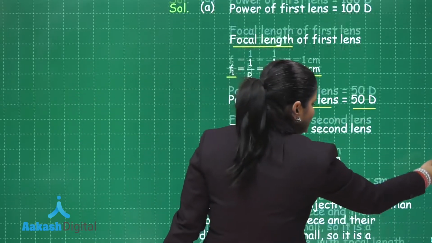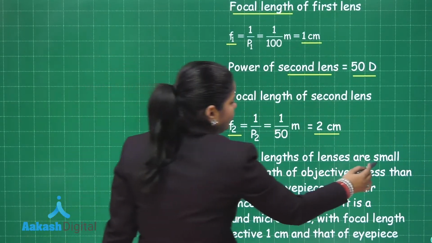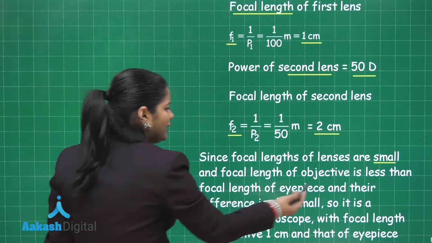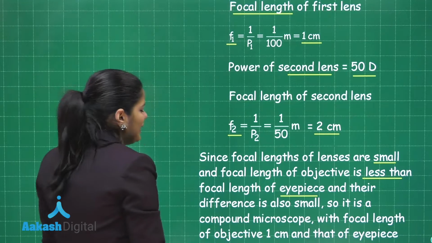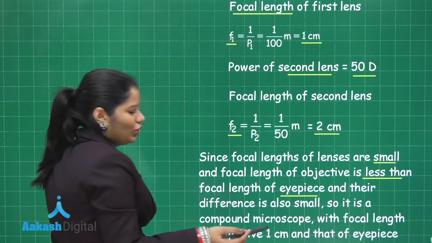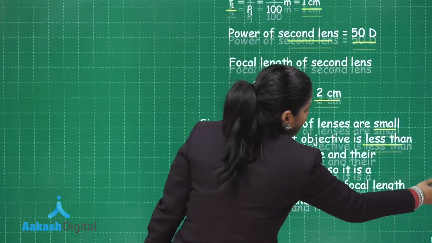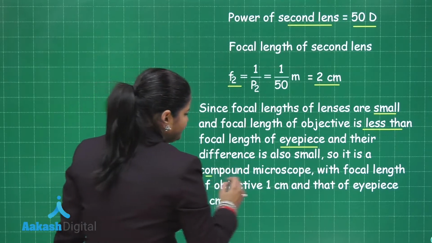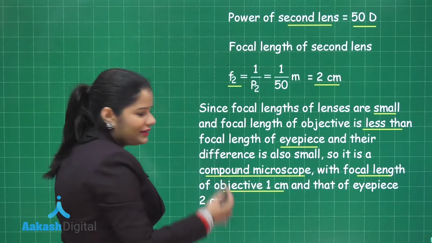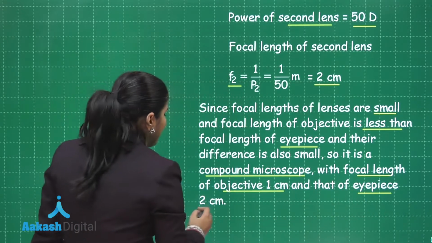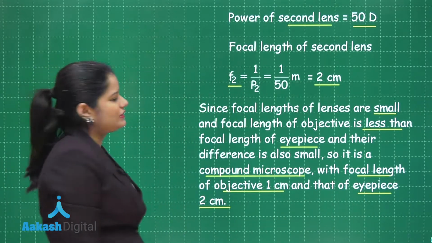Since the focal lengths that we have calculated are very small and the focal length of the objective is less than the focal length of the eyepiece and their difference is also very small, therefore it is a compound microscope. Okay, with focal length of the objective lens as 1 centimeter and the eyepiece has the focal length of 2 centimeter.